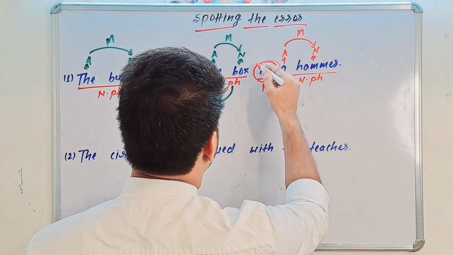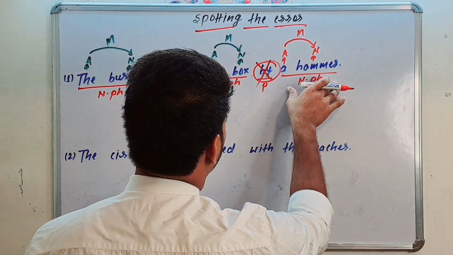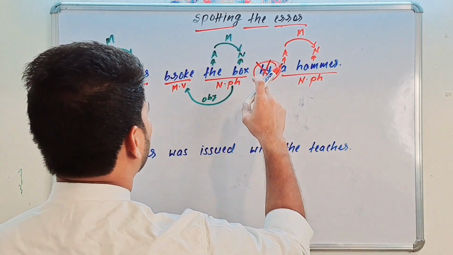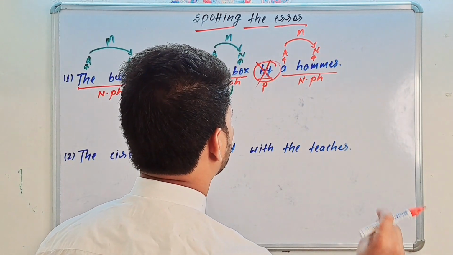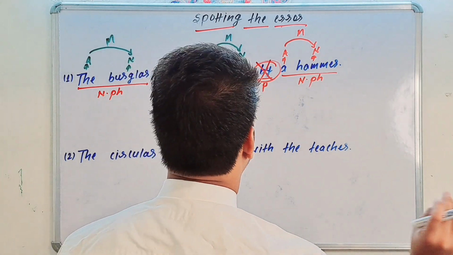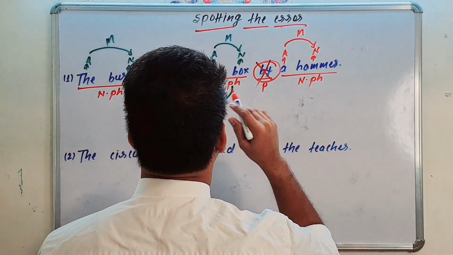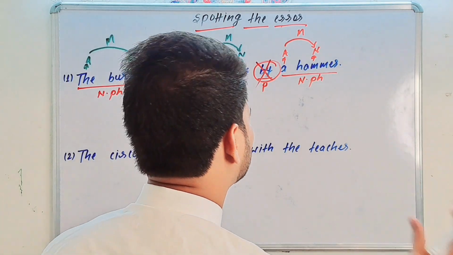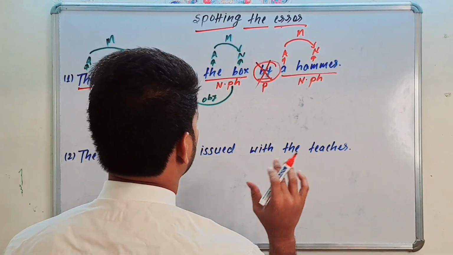Don't use by for any object, for something. So like here, the burglar broke the box, and for any object, for something, we use with.